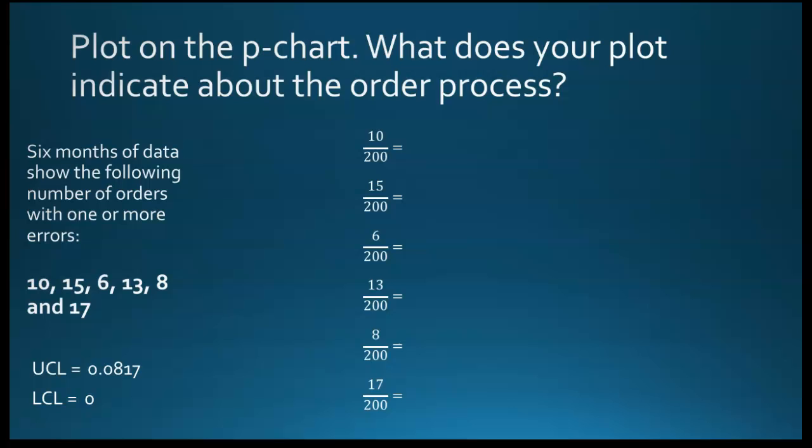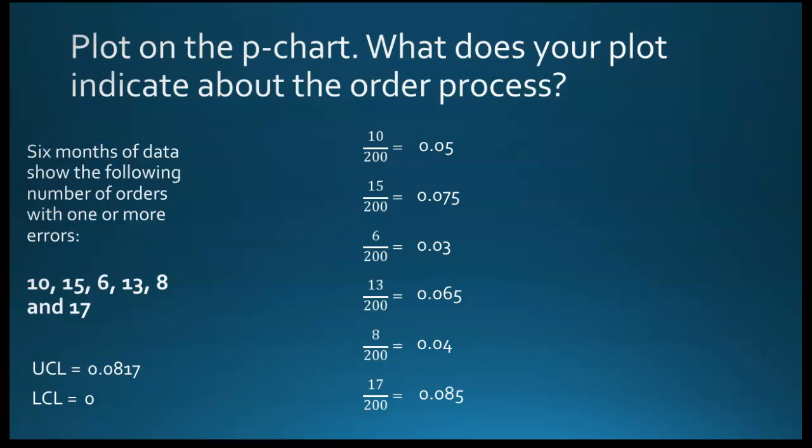Now, the data that we were given were the number of orders with errors. So this is where we now need to change those into proportions if we want to use a P chart. So we have to take the 10, the 15, the 6, and turn them into proportions. To do that, we divide them by our N. So our proportions, the 0.05, the 0.075, and the 0.03, those are going to be the numbers that we are plotting on our P chart.